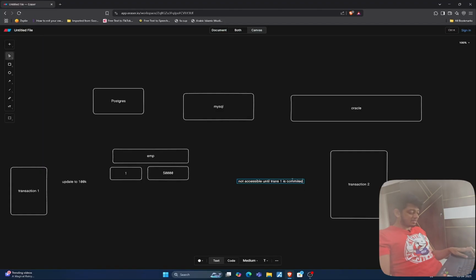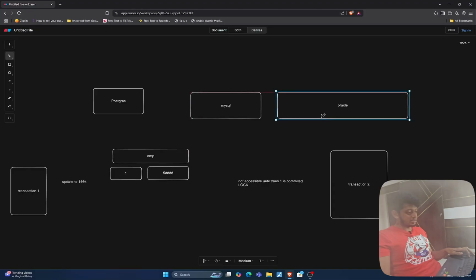So there is a locking mechanism for MySQL and Oracle databases, whereby a transaction cannot perform the read statement until the other transaction, the update transaction that came in first, is committed or aborted, whichever happens.